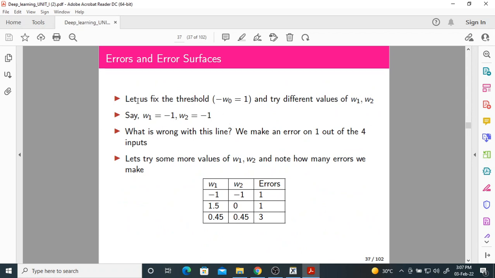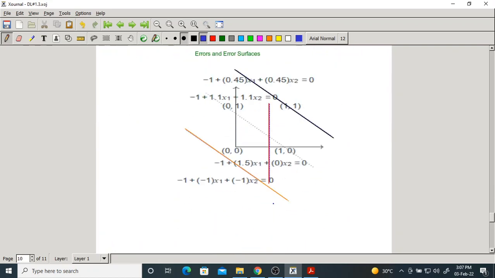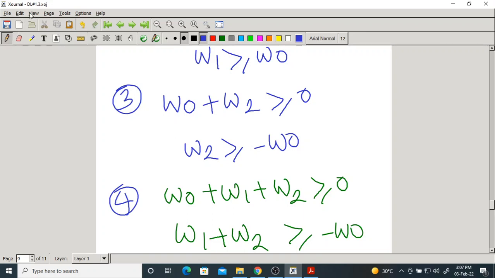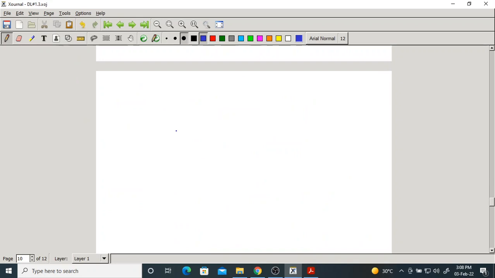Let us fix the threshold W0 equal to minus 1 and try different values of W1 and W2. Say W1 equal to minus 1, W2 equal to minus 1. As I told you, we have a system of inequalities, so we get many possibilities for these weights W0, W1, W2 for a 2 input OR gate.